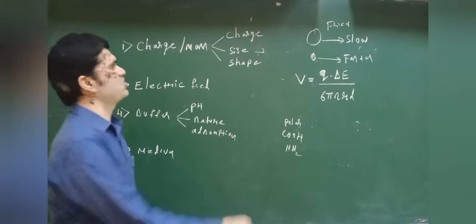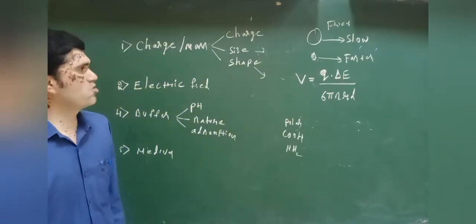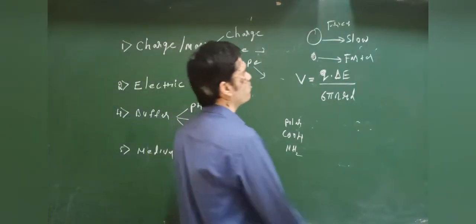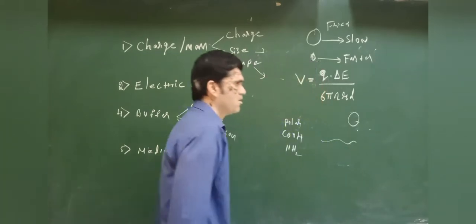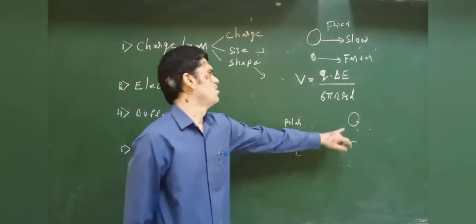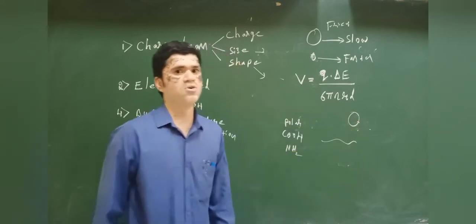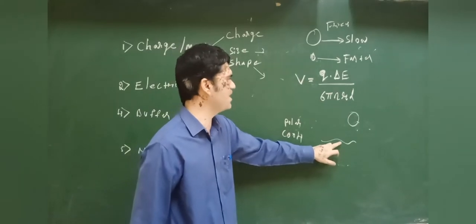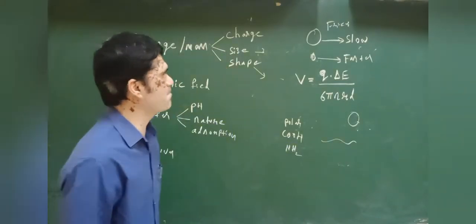So next we have shape. The molecule can acquire different types of shape. It can acquire a spherical shape or it can be linear. When we observe, spherical molecules have a smaller size, whereas linear molecules will have a larger size. Let me give one example.